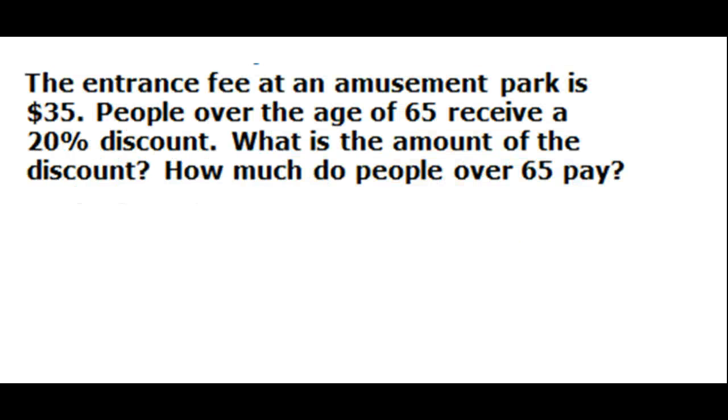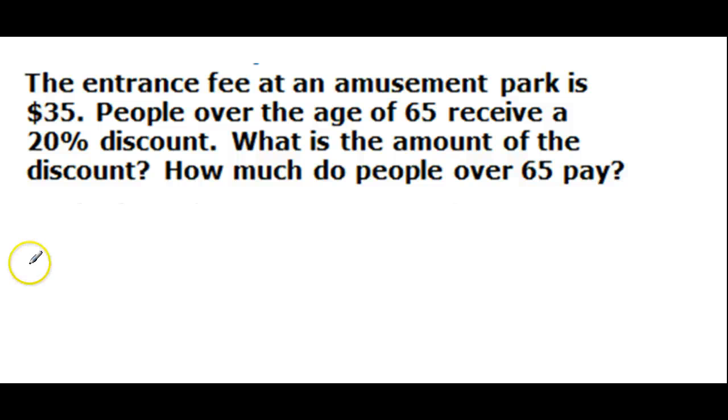So here's another one. These are 90% applications, so you need to just pause the video and do it. The entrance fee at an amusement park is $35. People over the age of 65 receive a 20% discount. And this actually asked me two questions. What is the amount of the discount? And then how much will people over 65 pay? So I would use method 1 on this.